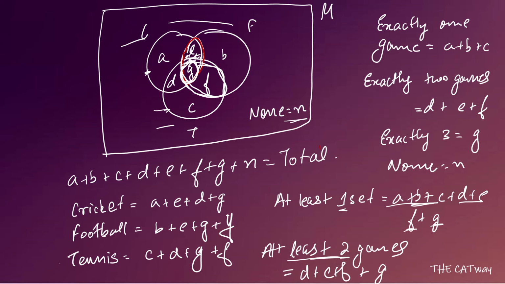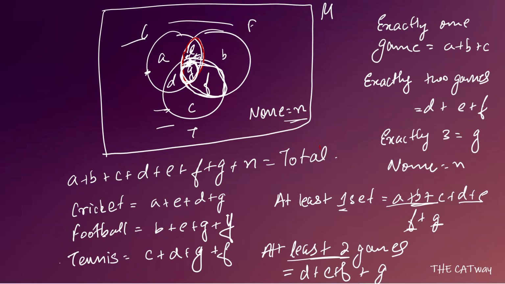As I said in the video for two variables, for coffee, people who drink both tea and coffee will also be included in coffee. Similarly, when I'm talking about cricket and football, I will include every place where both cricket and football are together. So in e and g there are people who play both cricket and football, so we were adding e and g. But now when we are talking about only cricket and football, then we will not include the part where cricket, football and tennis are there.